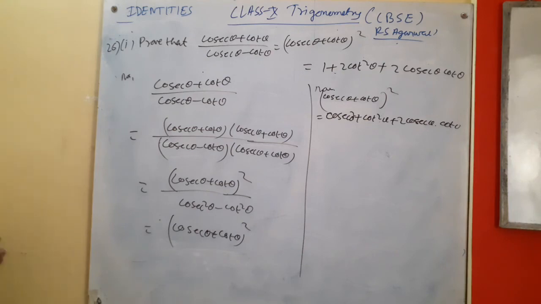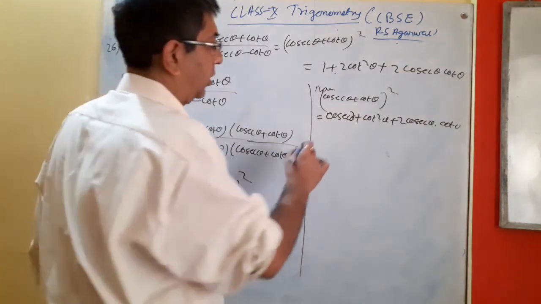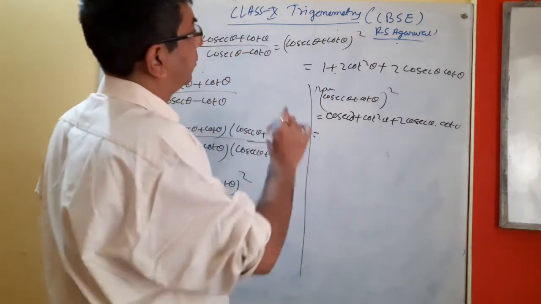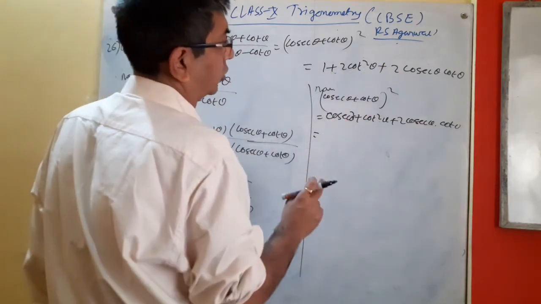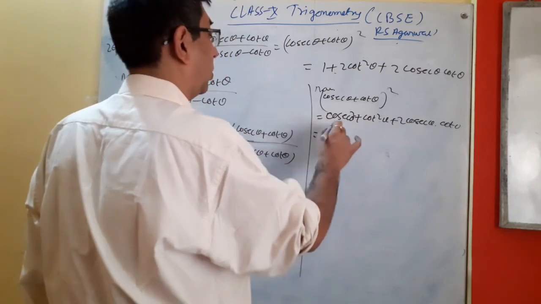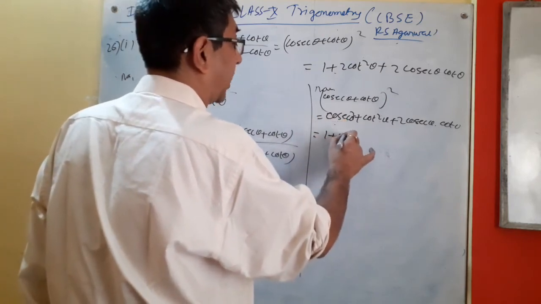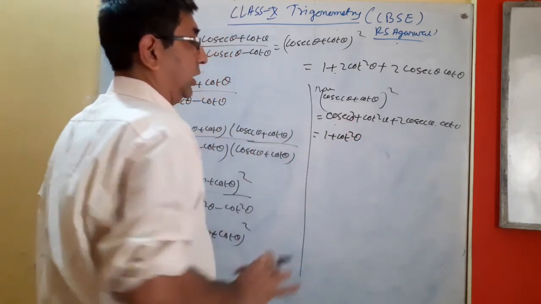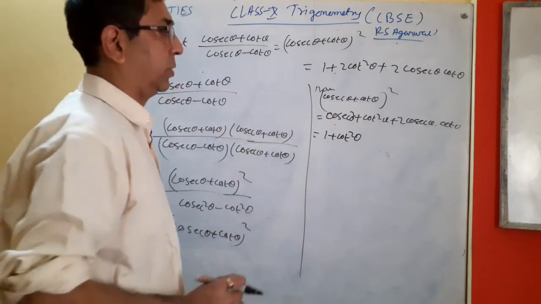So this is what we have to prove: 1 plus 2 cot square theta. So no cosec square theta is there. So we can write cosec square theta equal to 1 plus cot square theta. Instead of cosec square theta, we can write 1 plus cot square theta.